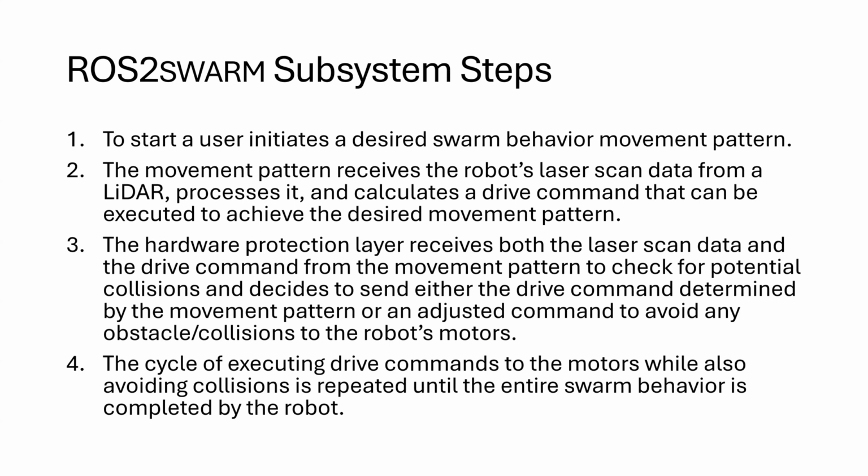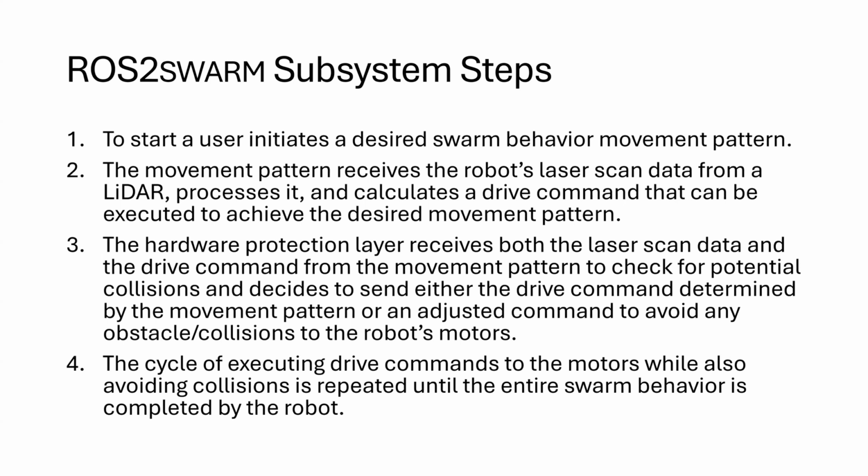The ROS2 Swarm subsystem steps: it first starts by a user initiating a desired swarm behavior. And secondly, the robot checks its surroundings through its LiDAR and calculates a drive command that would need to be executed.